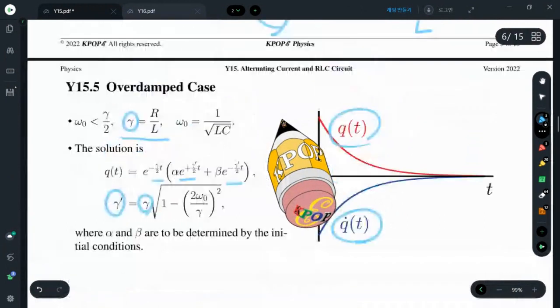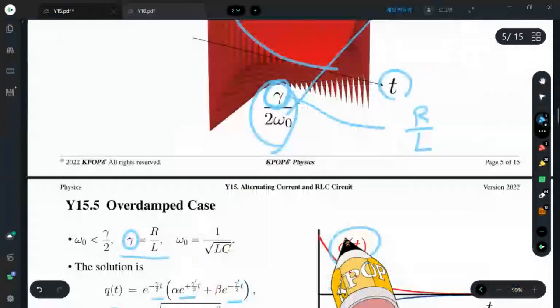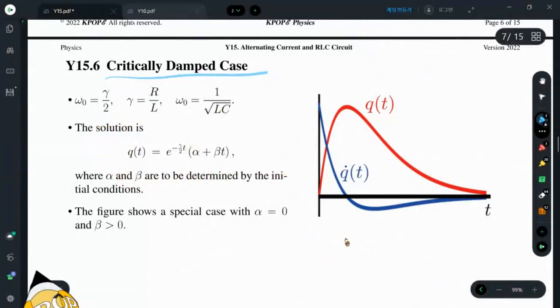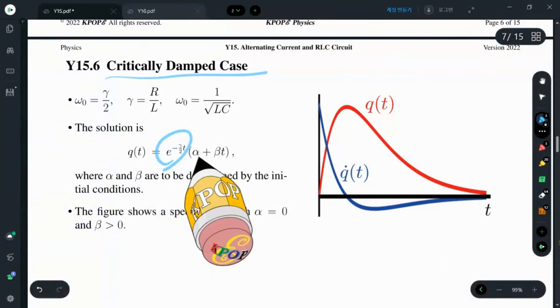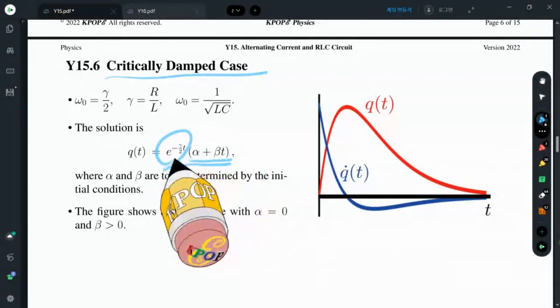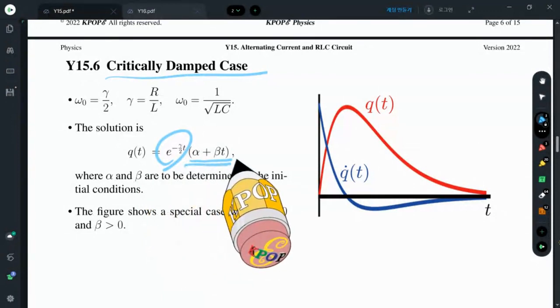In between the overdamped case and the underdamped case, we have a critically damped case. In that case, the attenuation factor still exists, but it is not oscillating anymore. However, we have two pieces multiplied to this attenuation exponential decaying factor. It is a linear function.